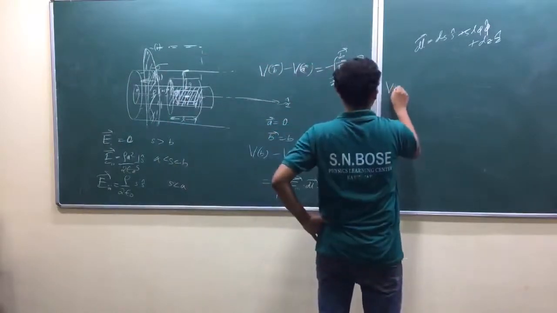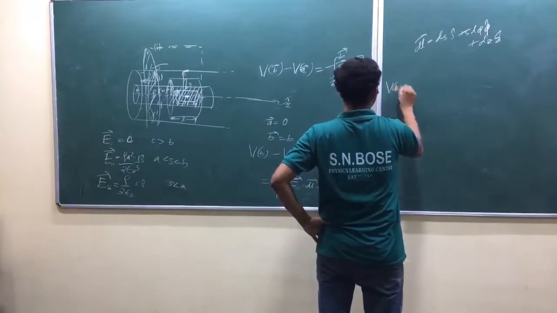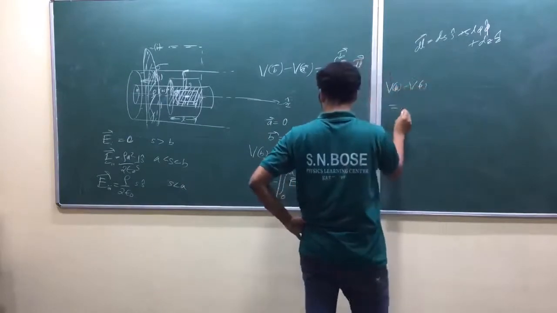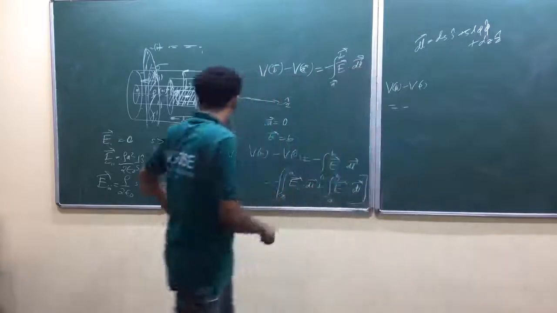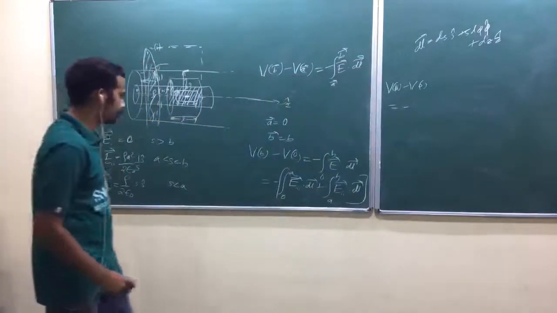Then, so VB minus V0, that's equal to minus integral 0 to a, what is E third?